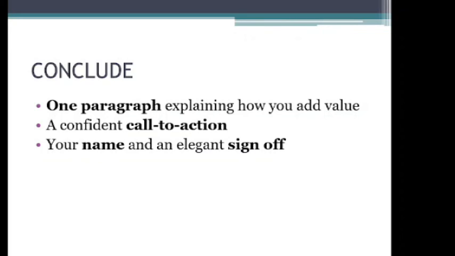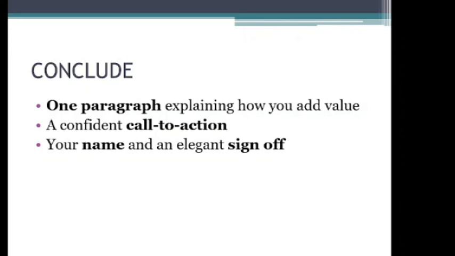Okay, now this is a conclusion that you can have, a paragraph that explains the whole of the content, and then call to action, and then sign off. So in the letter itself we have seen three parts. One is the beginning paragraph, then the body of the paragraph, then the closing paragraph.